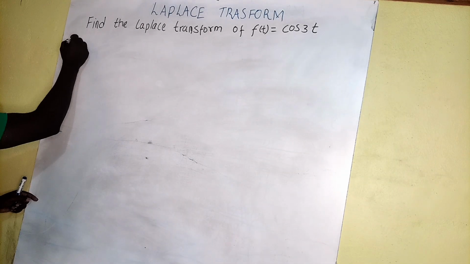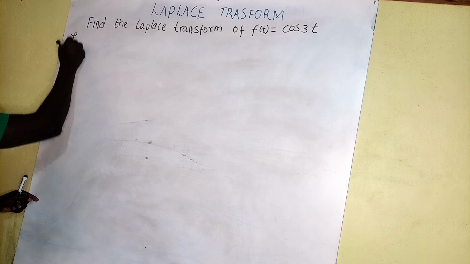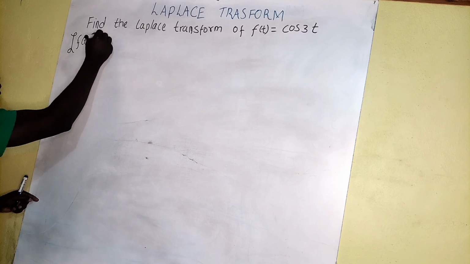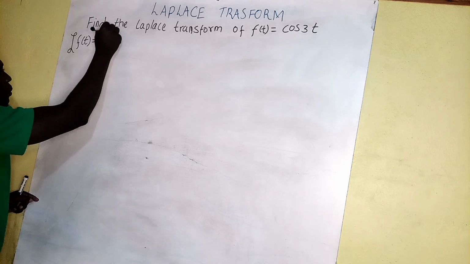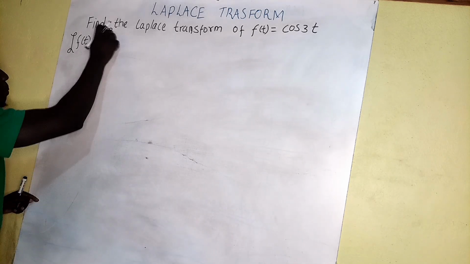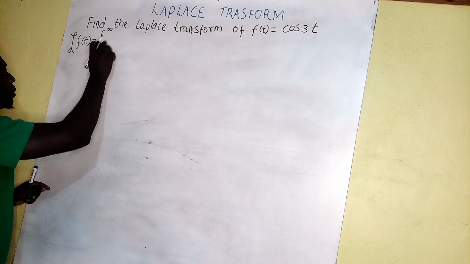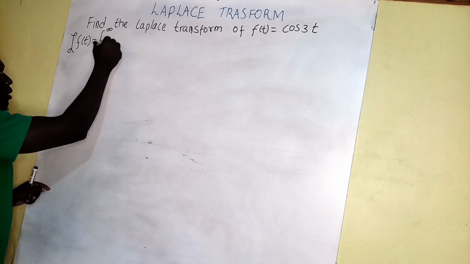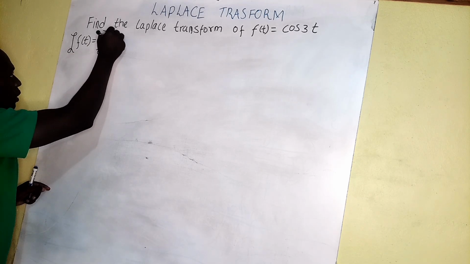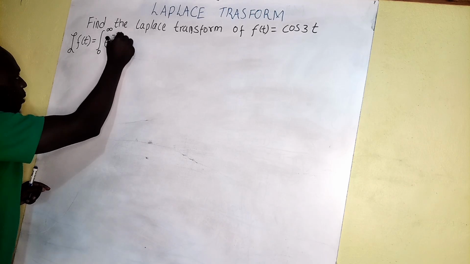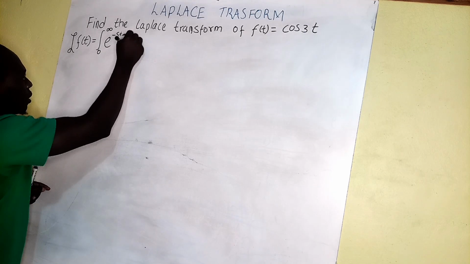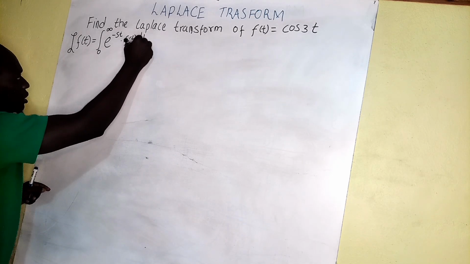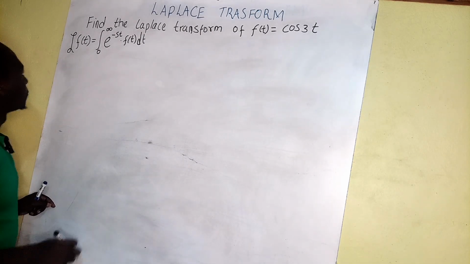We understand that the Laplace transform of a function f(t) is equal to the integration, with limits from 0 up to infinity, of exponential negative st multiplied by our function f(t), and our integration is with respect to time.